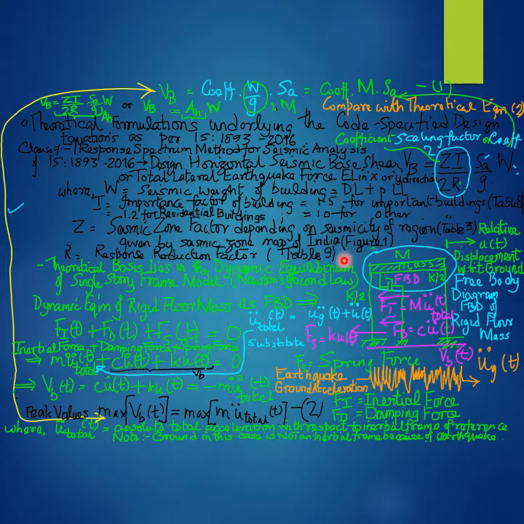In other words, the floor mass M, circumscribed by this green ellipse, experiences an inertial force denoted as F subscript I, a time variant function.